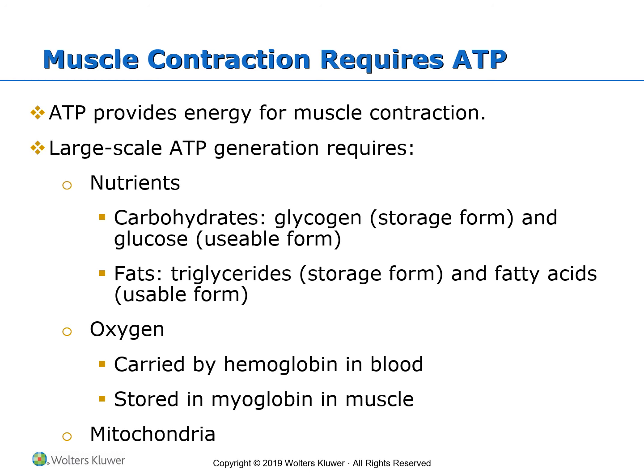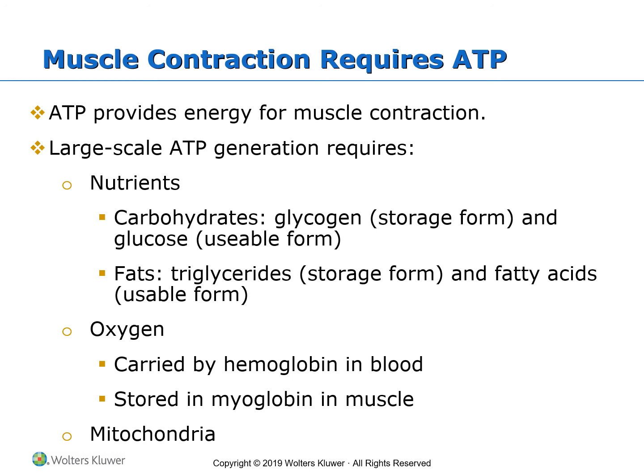And we have them in a stored form in our body, mainly in the liver as glycogen. And glucose is freely available in our blood vessels as the usable form. Whenever the levels of glucose are low in our bloodstream, the body will release from the stored form of glycogen.